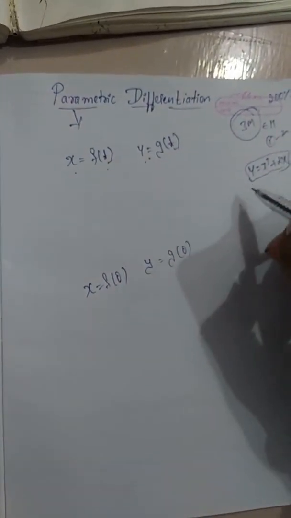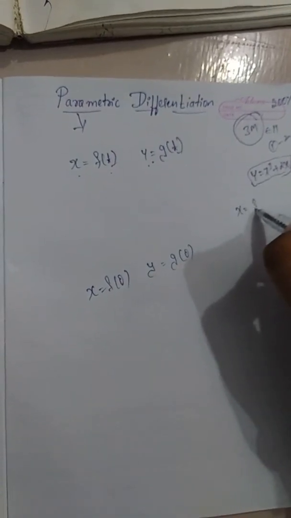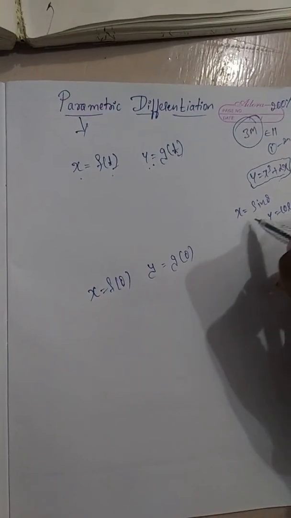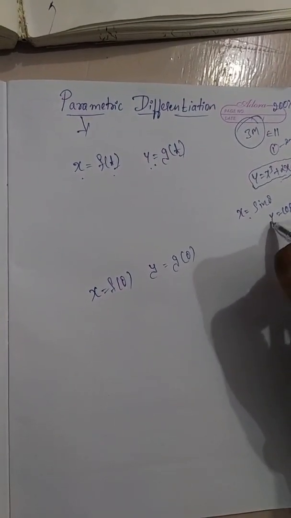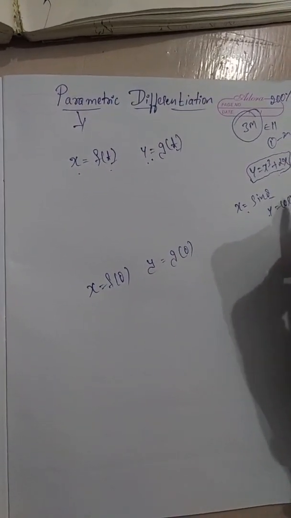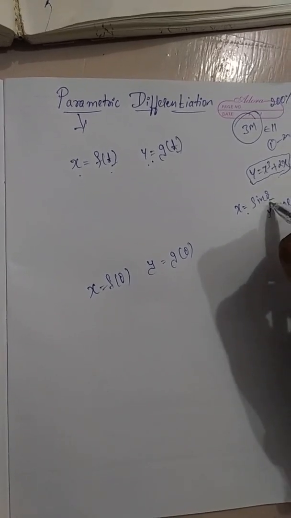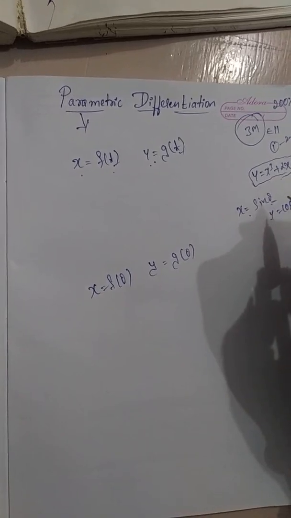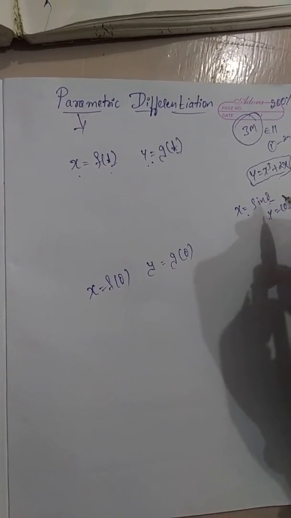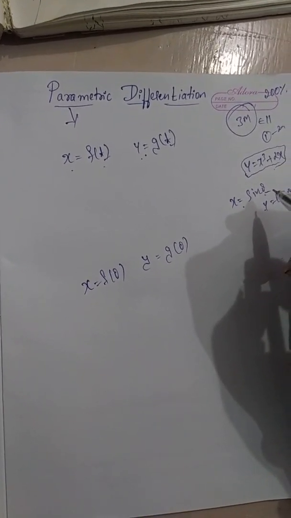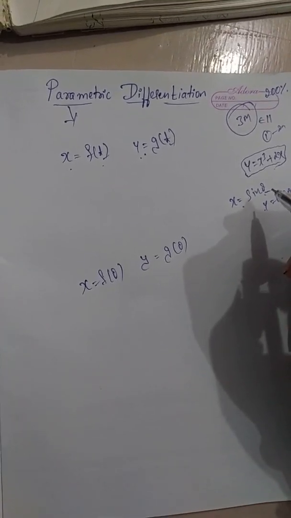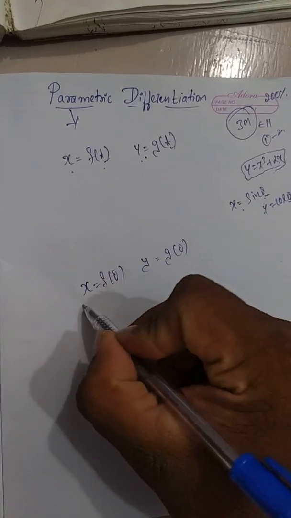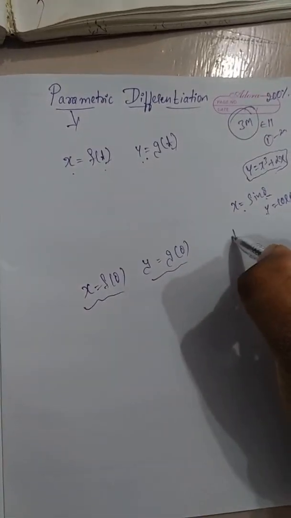I am giving an example. x is equal to sin theta, y is equal to cos theta. Here x and y are the two parametric functions in the form of theta, so it is in another variable theta. Such functions we call parametric functions. Now, how to differentiate the parametric function, how to find dy by dx?